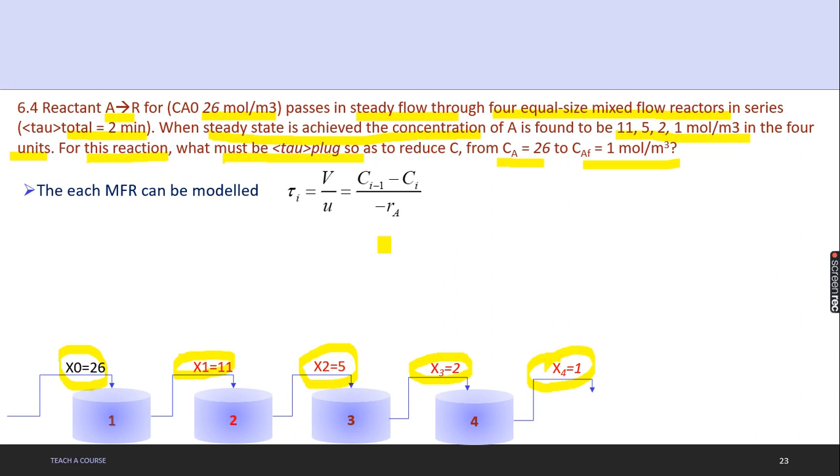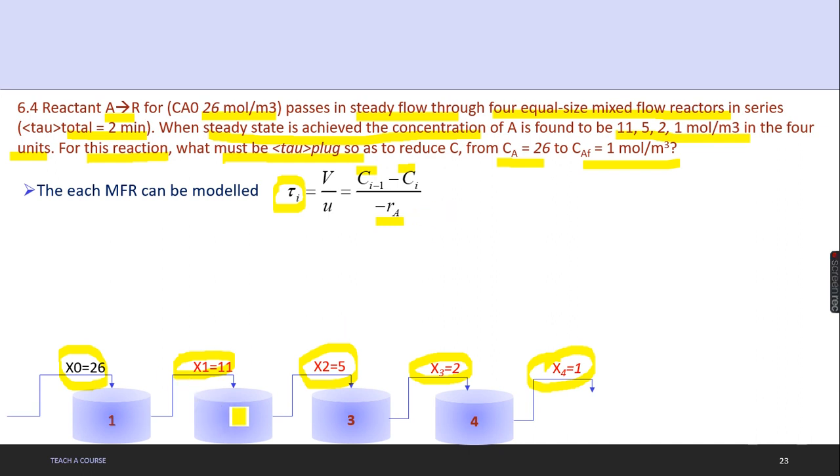Now if we use the same calculation approach for all 4 reactors, what are we going to get? You already know the total tau is 2 minutes, so for each of the 4 reactors tau i is 0.5 minute. For each reactor I know the input and output, so I will be able to calculate the minus RA values.